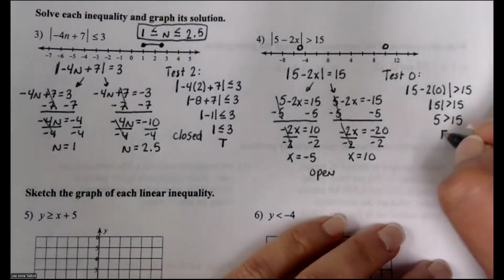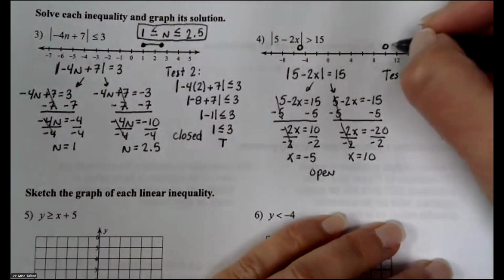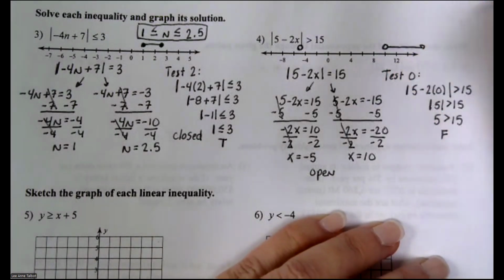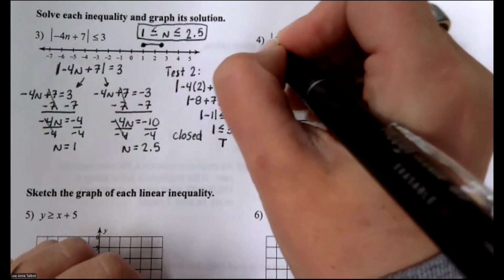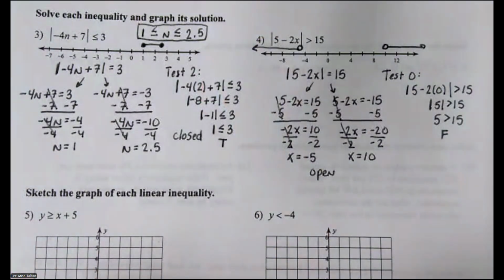Also, okay, false means the arrows go out.